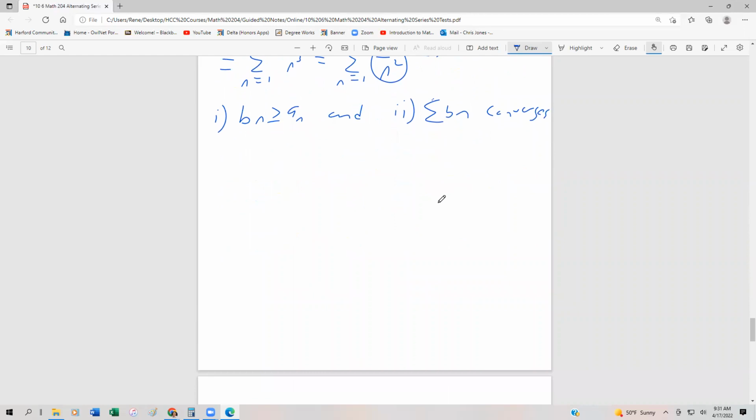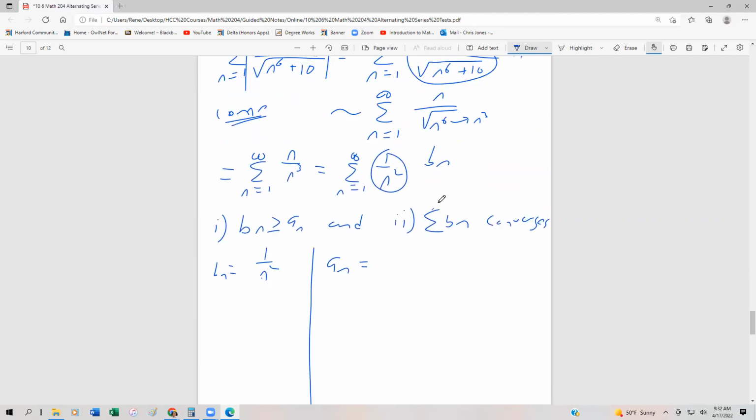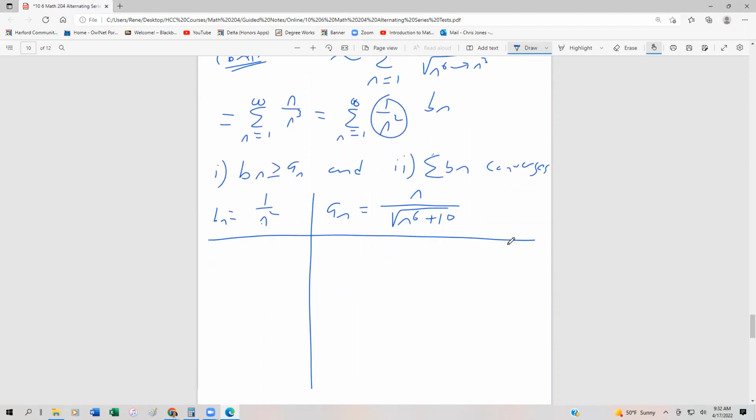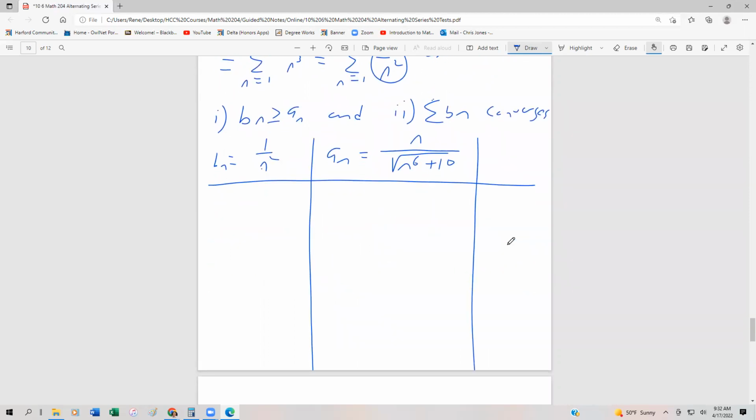So let's go ahead and plug in the values for both. You probably remember we did this. Remember b sub n is equal to 1 over n squared, and a sub n is equal to n over the square root of n to the 6 plus 10. Let n be, let's say, 1, 2, 3, and 4.